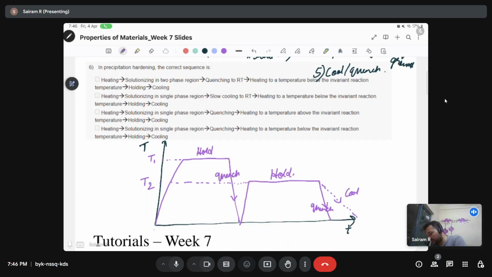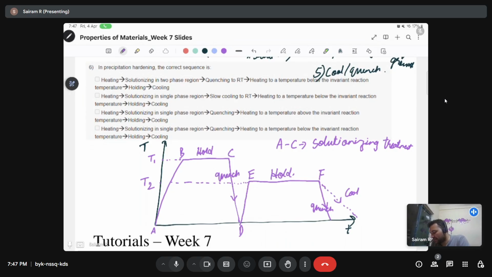So this part, say from point A, B, C, D, E, F. Okay, my part A to D is called the solutionizing treatment, or rather, it's actually A to C. A to C is the solutionizing treatment.